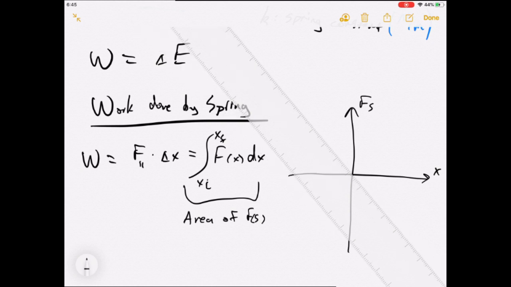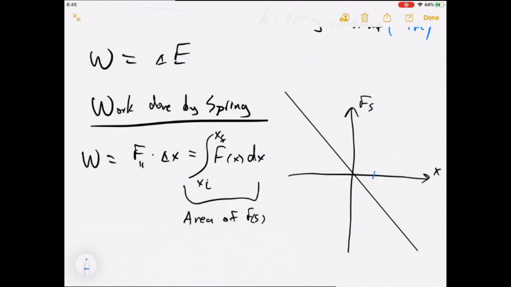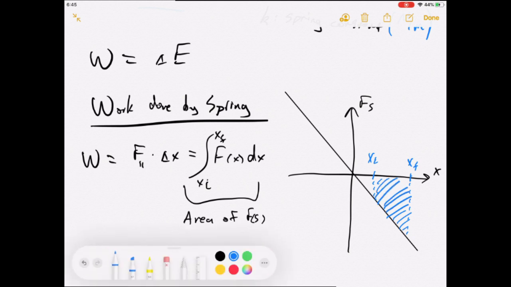So let me just draw a line and give us some limits. Let's go from x initial to x final, and what we're looking for is the area of this trapezoid. That should be the work done.